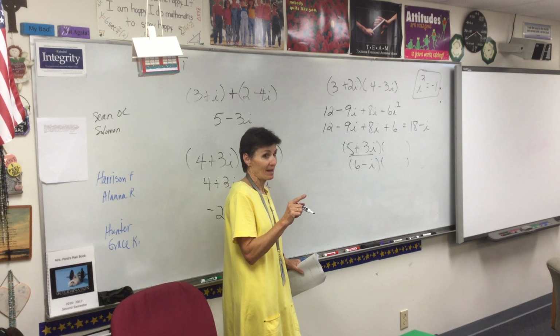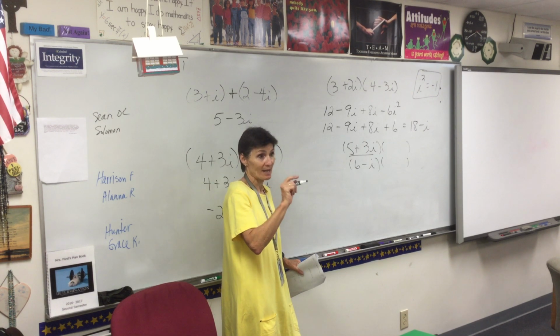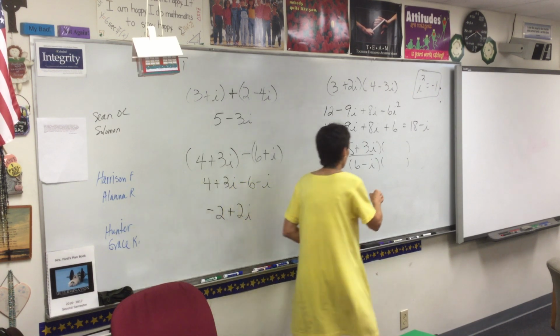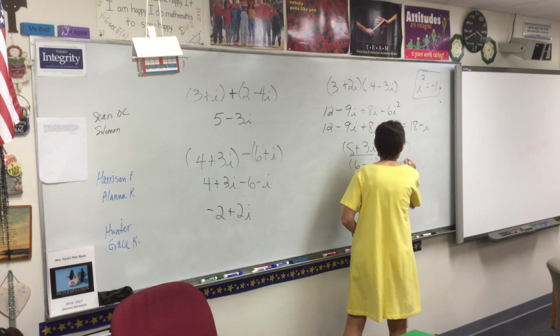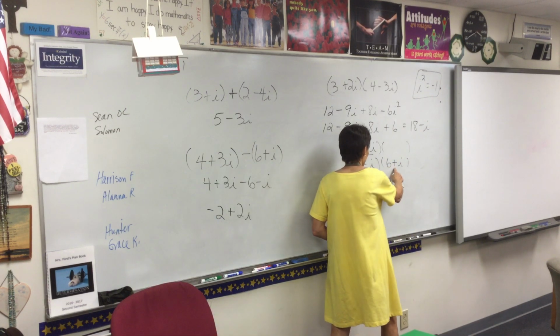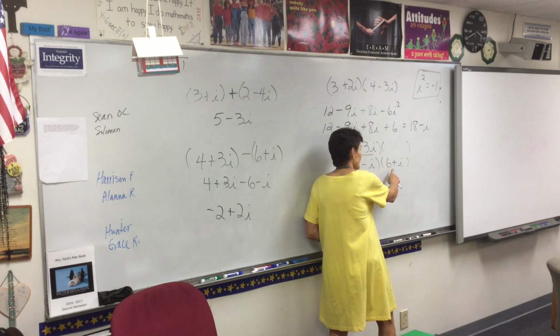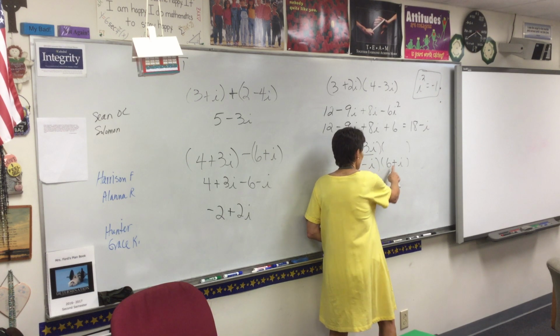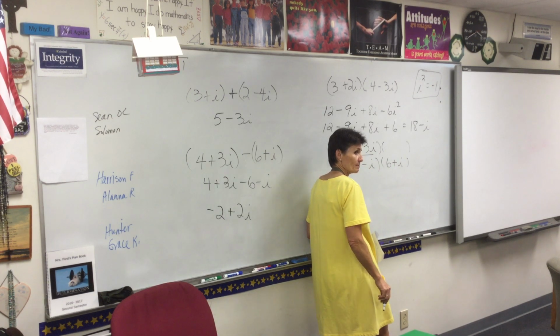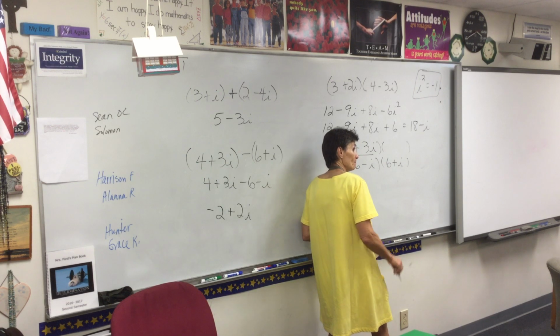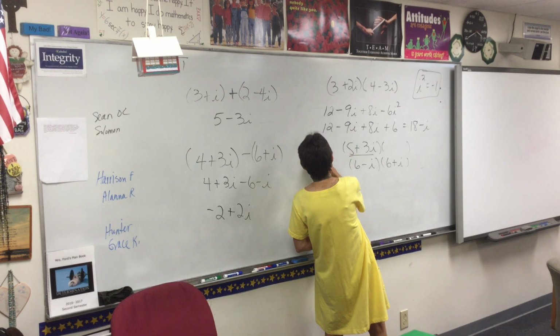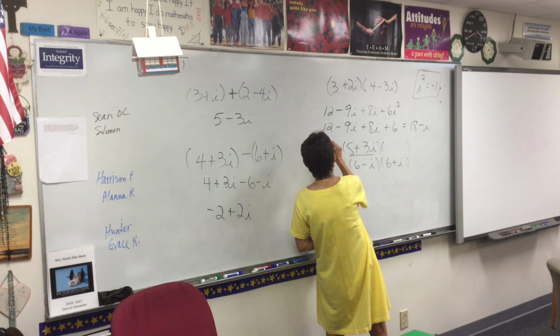Not 6 minus i, 6 plus i. Does anybody know what we call this thing when we change the middle sign? We do this a lot anytime we're doing radicals. When we change the middle sign, do you know what that's called? The conjugate? Well, it's called the conjugate. So we're going to multiply by the conjugate.